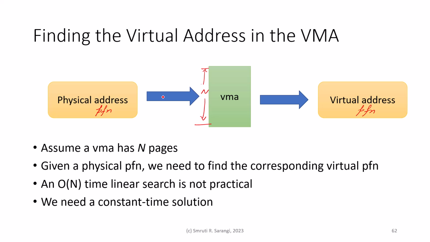But mind you, the page table converts virtual to physical, not the other way. So a brute force solution is that we look at all N entries, try to translate each one of them and try to match, but that is a bit too much of brute force. An order n time linear search is clearly not practical. We need a constant time solution. We need a theta 1 time solution. That is what we need.